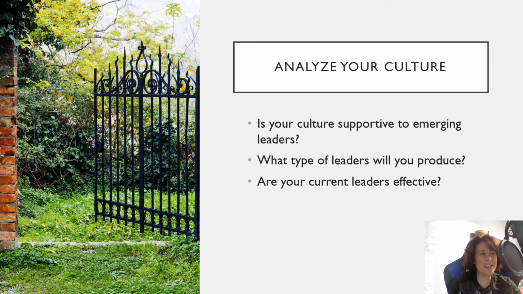So if your current leadership team is effective and they're getting things done, then you have a better chance of producing leaders who are effective and are getting things done. But if you have a culture full of grumpy, grouchy leaders, then the chances of you really getting happy and excited leaders is really slim, because they model themselves after their current leadership team.